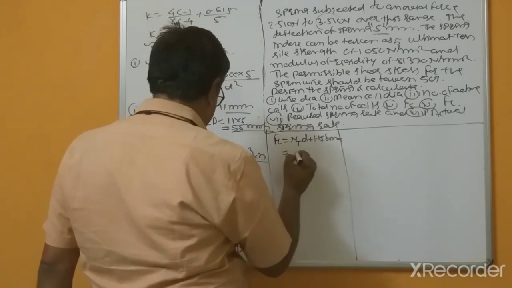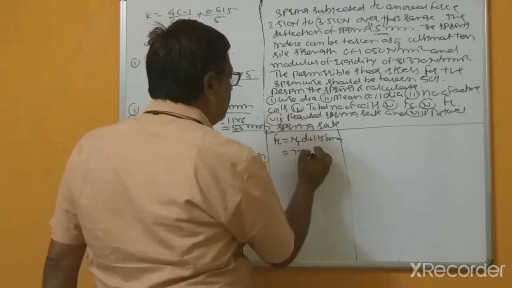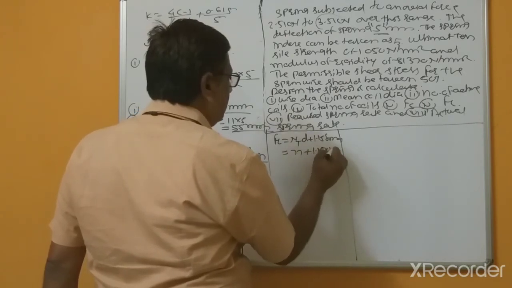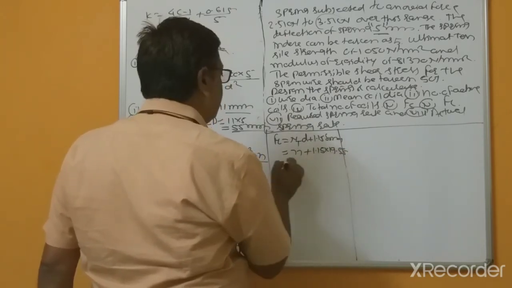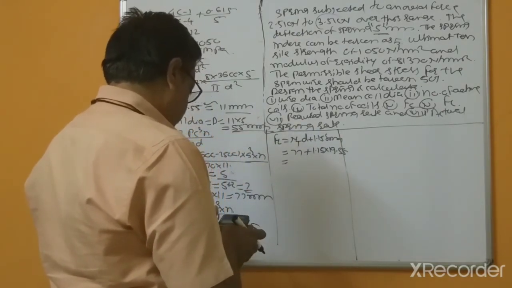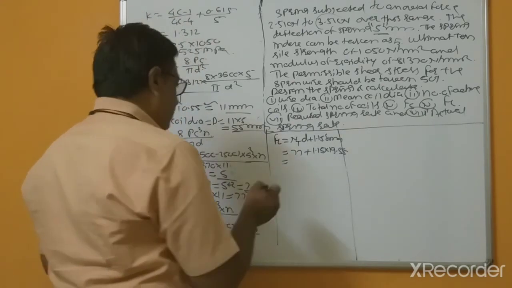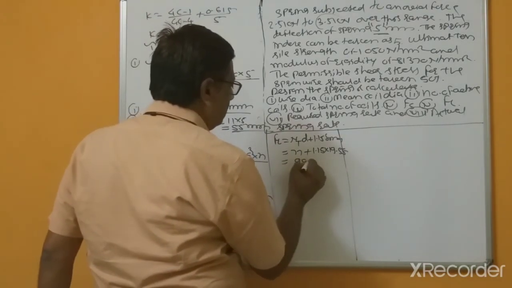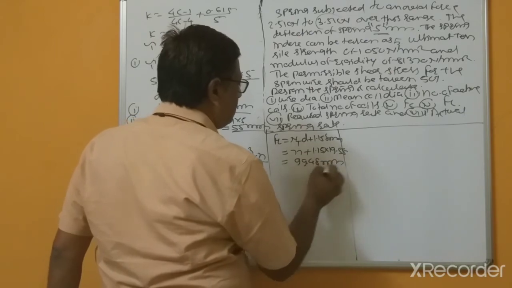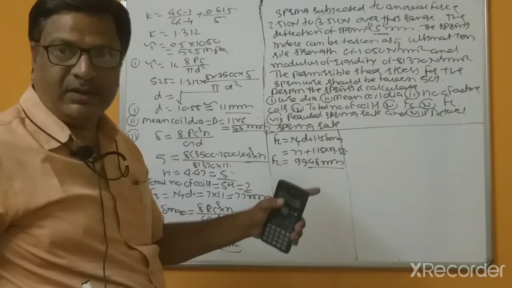So this is 77 plus 1.15 into 19.55 plus 77, 99.48 mm. This is free length. 6th bit.